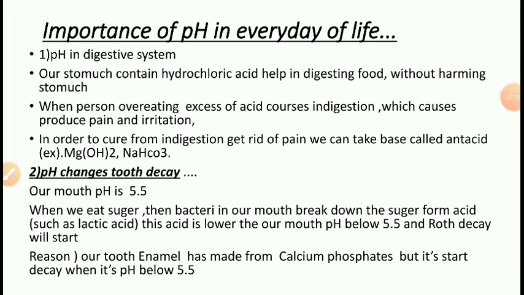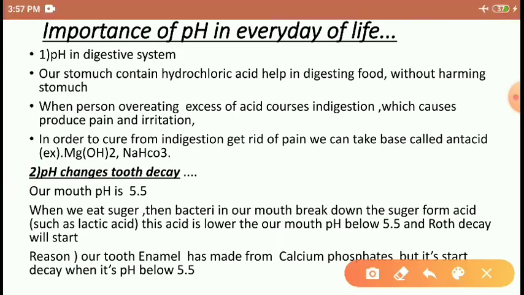Okay, importance of pH in our daily life. pH is used in our digestive system. Last time we discussed this point: when we take heavy food or oily food, chicken, mutton or some masala things, in our stomach the HCl, hydrochloric acid, already exists.